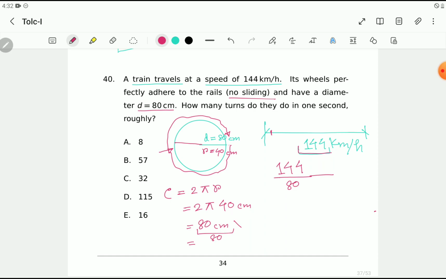Oh, I missed that, there is pi as well, we have to consider that. So we can simply divide 80 pi centimeter by 100, then it's meter, and if we divide again by 1000, since 1000 meter equal to 1 kilometer, we get the distance in kilometer.